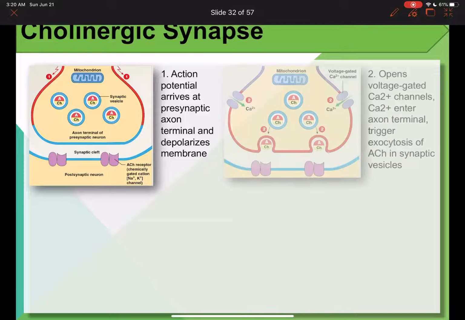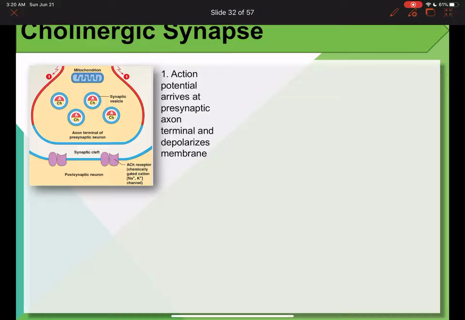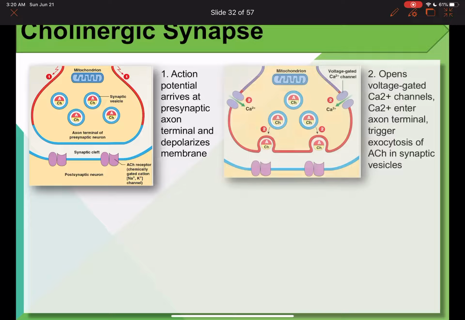So the action potential opens the voltage-gated calcium channels. Here's this action potential coming down towards the axon terminal. Then it reaches the voltage-gated calcium channel, activates it, and allows calcium ions to flow through. Calcium ions then trigger exocytosis of acetylcholine from the synaptic vesicles.